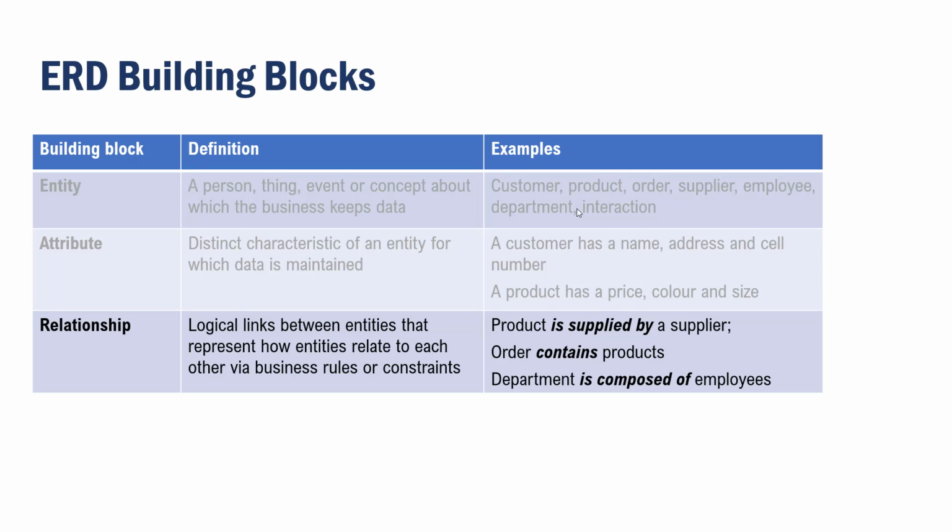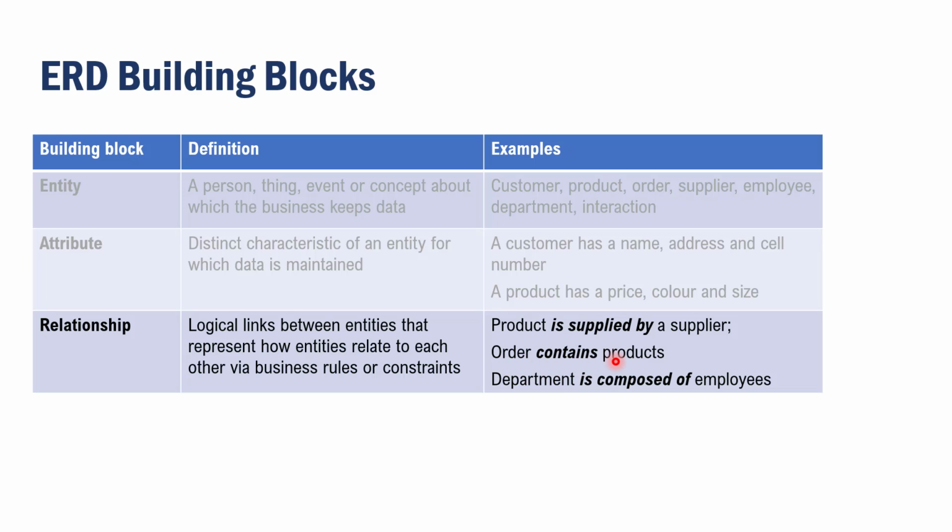And a third important building block is a relationship. Relationships are links between the entities. They tell us how entities relate to one another. So there is a relationship between a product entity and a supplier entity. Product is supplied by a supplier. Supplier supplies a product. There is a relationship between order and products.